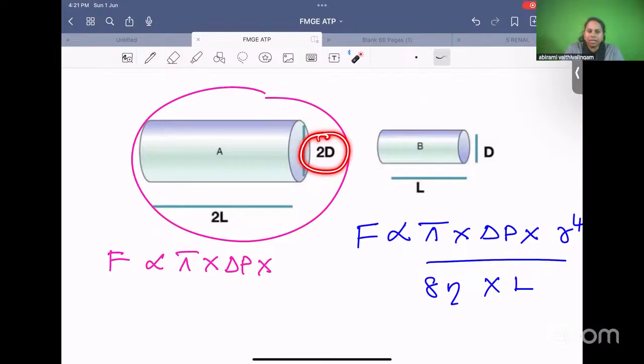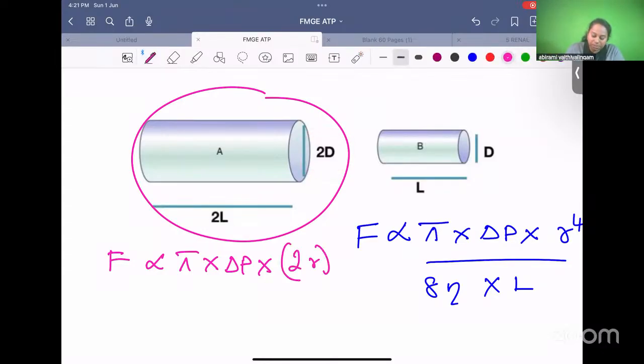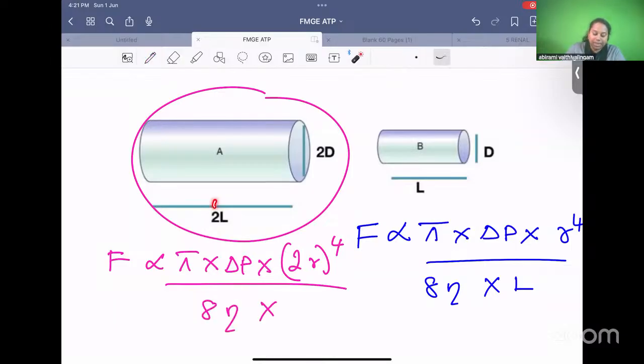If diameter has become twice, it means radius also has become twice. So now it becomes 2R to the power of 4 divided by 8 times viscosity into length, which has doubled. So L has become 2L.